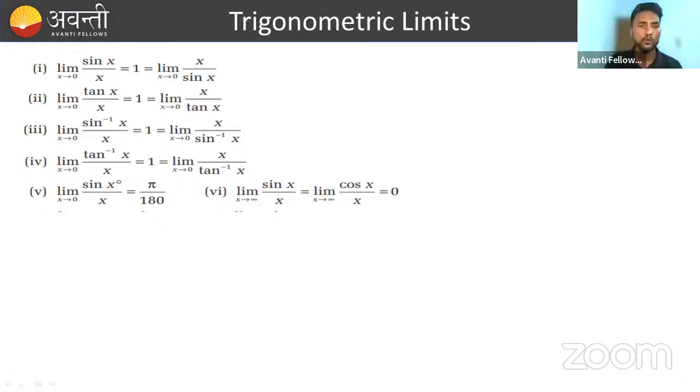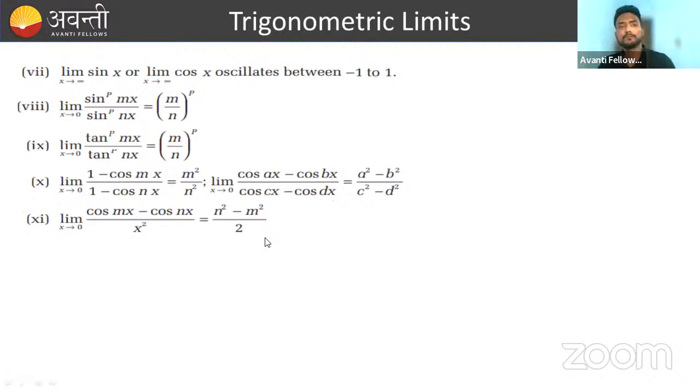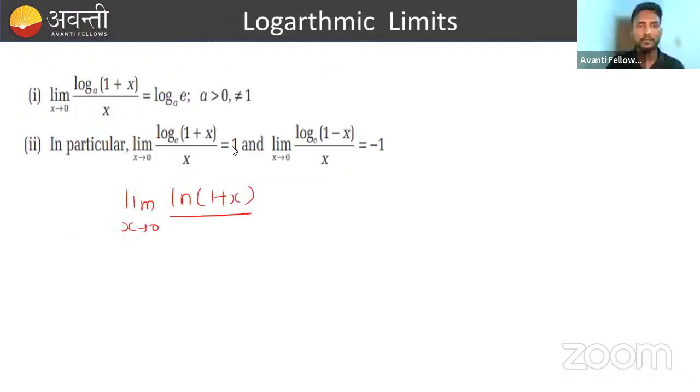Both are the same thing. We have also seen this formula: a to the power x minus 1 divided by x equals ln a, which is log a to the base e. Similarly, e to the power x minus 1 divided by x is 1 only. So these are the formulas that you can remember, guys.